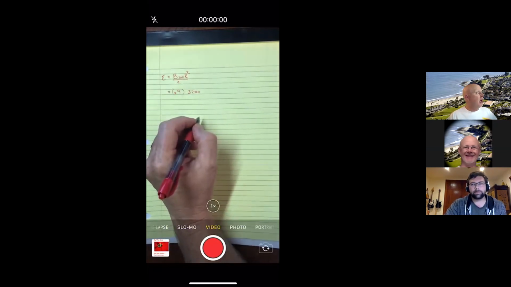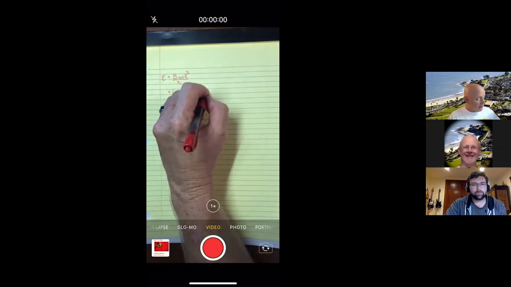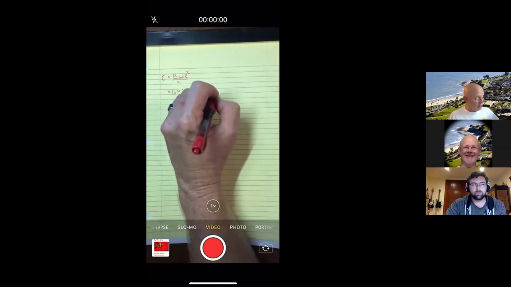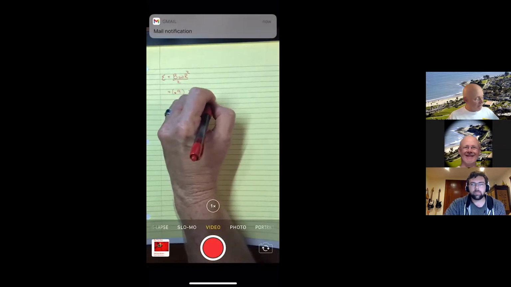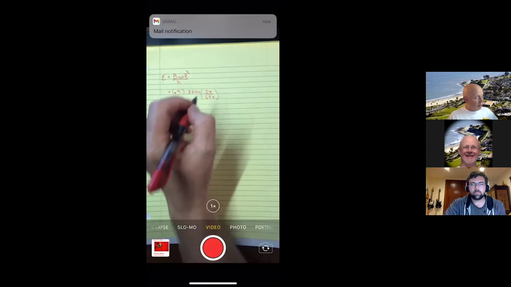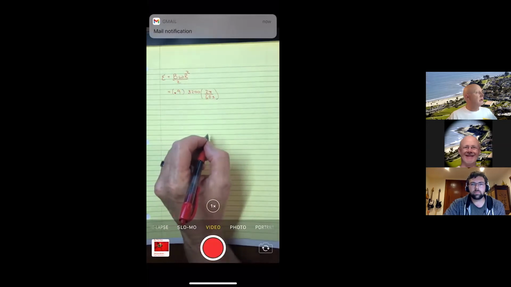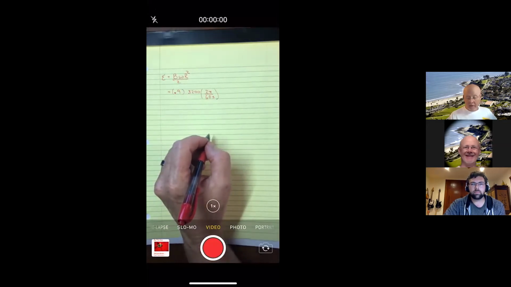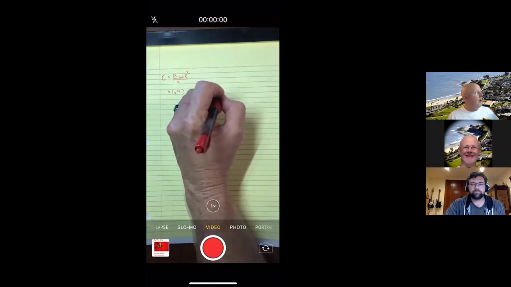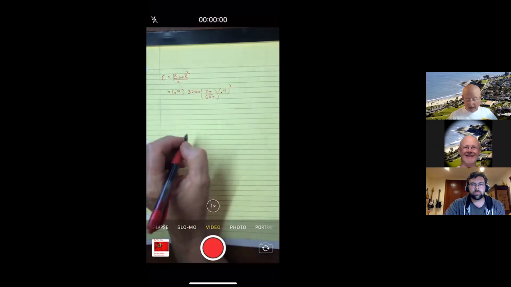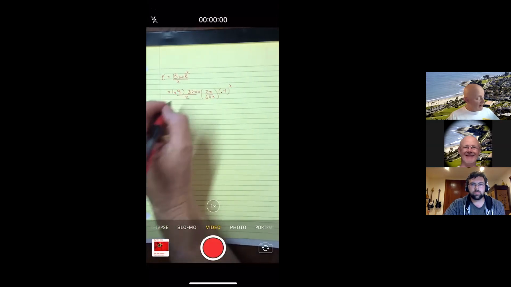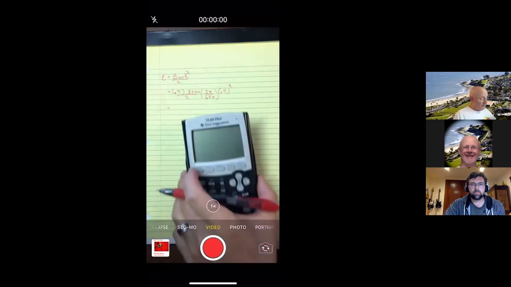The only thing I would caution you about is it says revolutions. So I'm going to change that to 2 pi radians. They also have per minute. So I'm going to put 60 seconds. Then we've got the radius squared, which is 0.4. So I'll square that. And then the factor of 2.